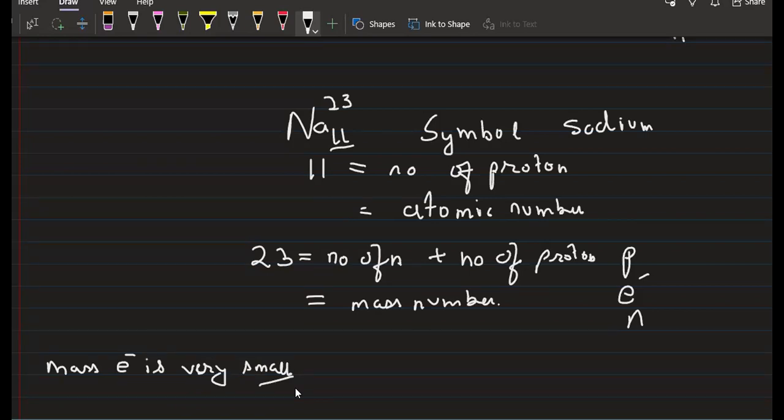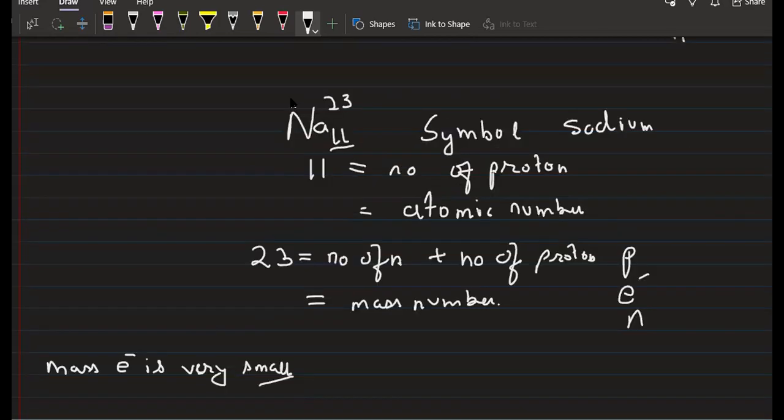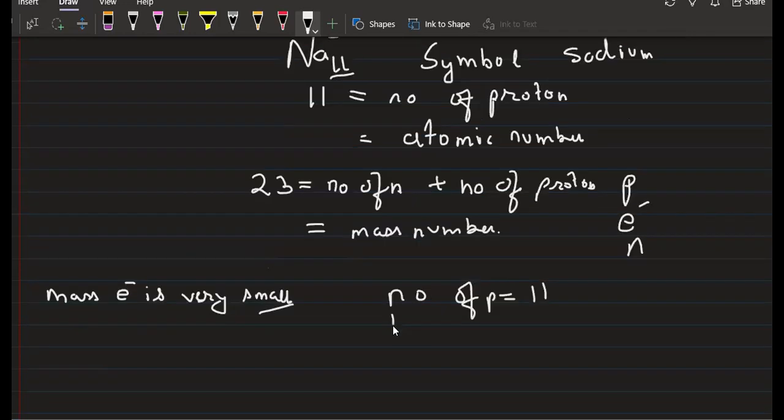Okay? Now tell me, if I'm giving you this symbol Na 23 11, which means the number of protons is equal to, tell me, if I'm giving you the symbol, can you tell me? Yes, very good, very good. Number of electrons, it will be a neutral atom, I'm saying.